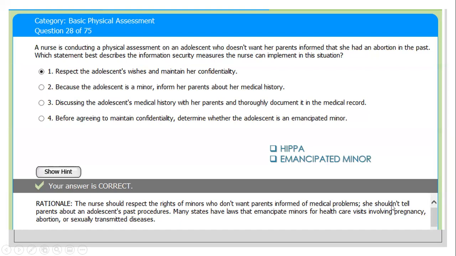She should not tell the parents about an adolescent's past procedure. Many states have laws that allow emancipated minors to consent to a healthcare visit involving pregnancy, abortion, and sexually transmitted disease.